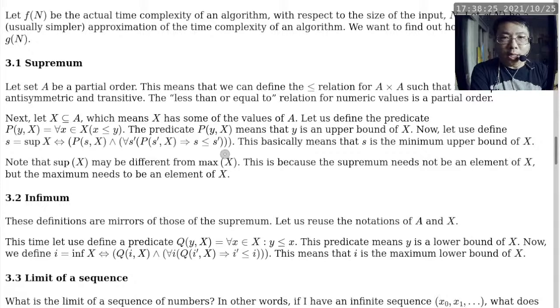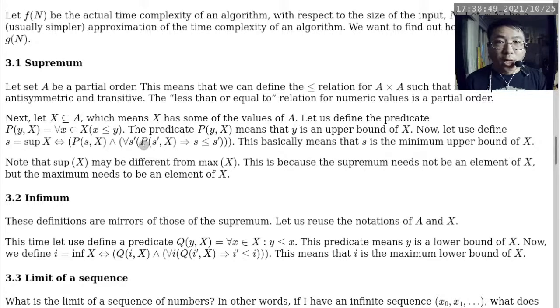So what does that mean? What I did not specify here, and probably should have, is that s prime has to come from the set A. It doesn't have to come from x, but it has to come from A, because otherwise the partial relationship may not be defined between them, and we may not be able to compare anymore. So s prime has to come from A, but not necessarily from x.